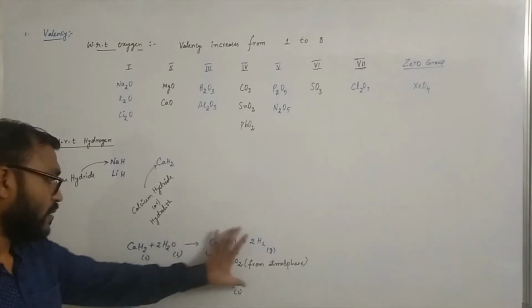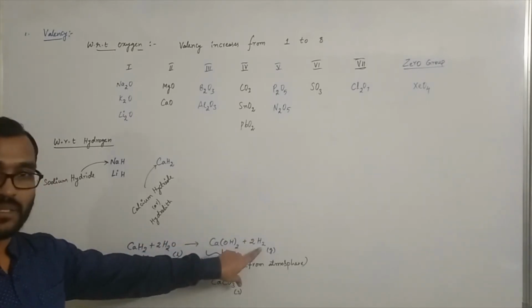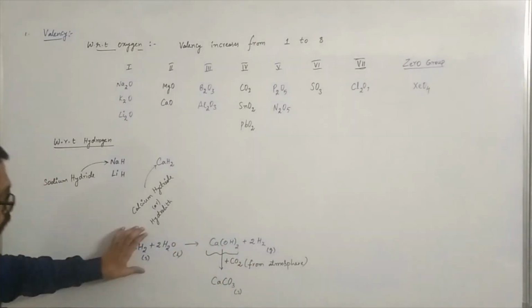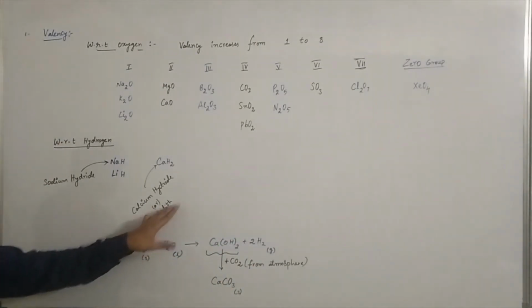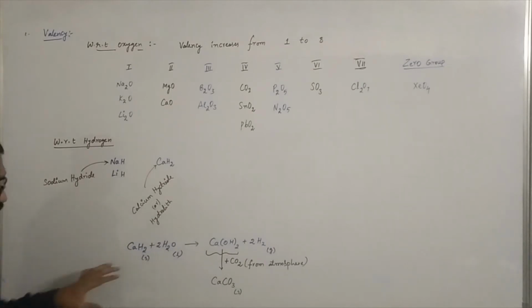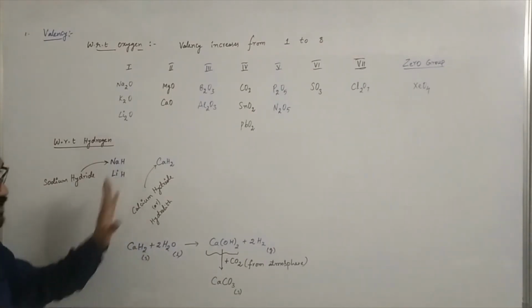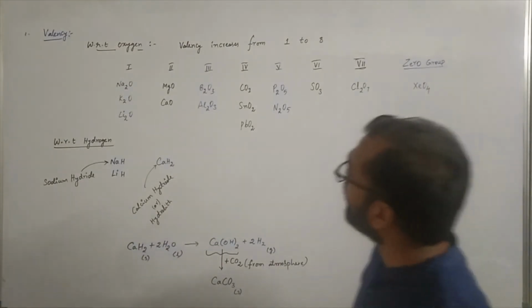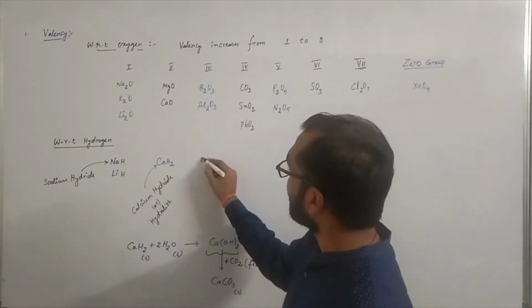So this is the simplest way of preparing hydrogen gas, right? So we are preparing hydrogen gas from this compound. That's why this compound is called as hydrolith. It liberates hydrogen with water. Calcium hydride.